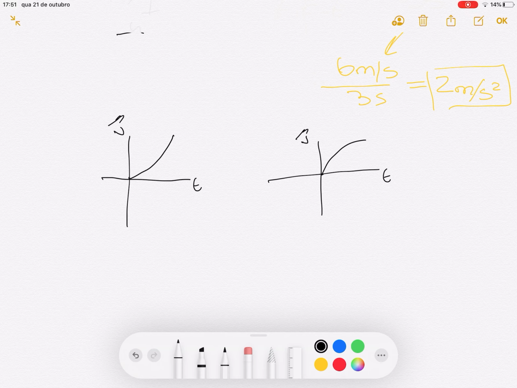Well, this one, we can say that it has a positive velocity and we can say that it has an increasing velocity because, as time passes, velocity is increasing.